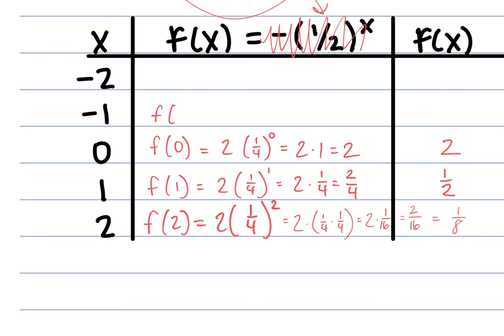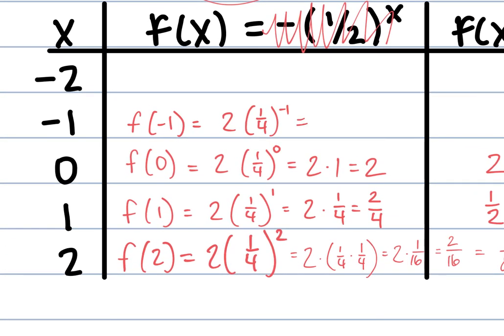f of -1 equals 2 times 1/4 to the negative first power. Now, this is where we have to be careful. Raising something to the negative power does not make it negative. It means you flip your fraction. You just find the reciprocal. So this is 2 times 4 to the first power, which is just 2 times 4, which is 8.